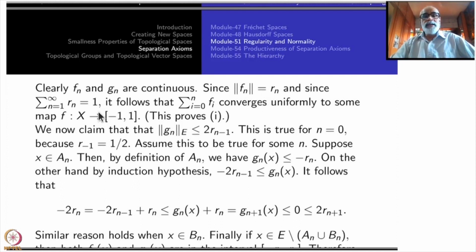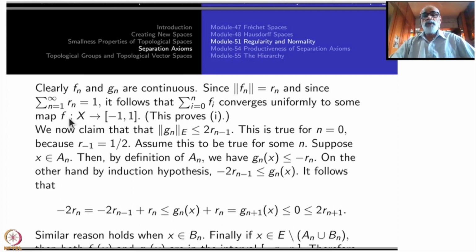And since the summation of Rn from 1 to infinity is actually 1, so it dominates this norm. It just means that the sum of Fi from 1 to n converges uniformly to a function, a continuous function automatically because of uniform convergence, and it takes values between minus 1 and plus 1.